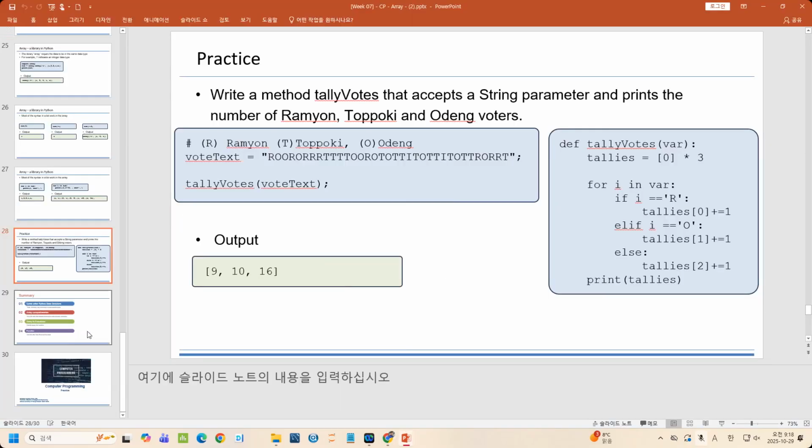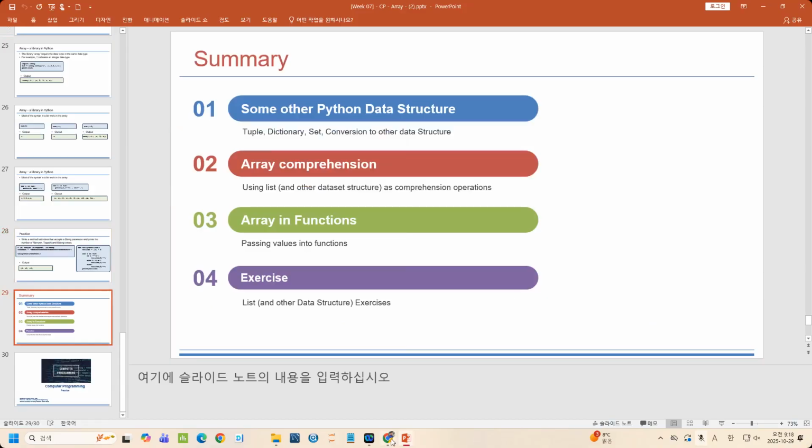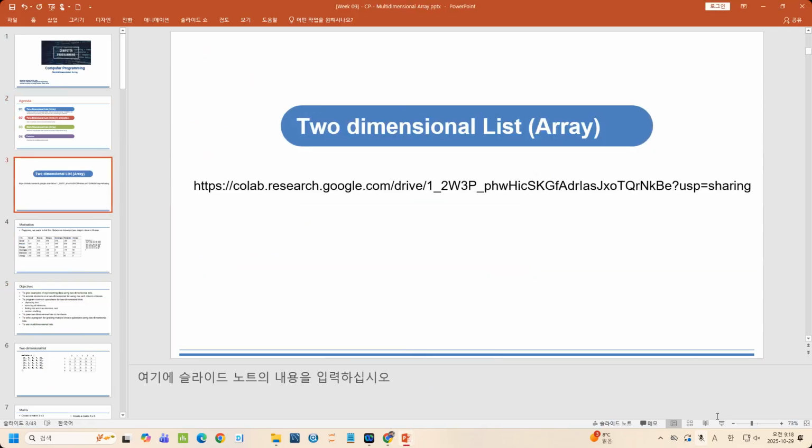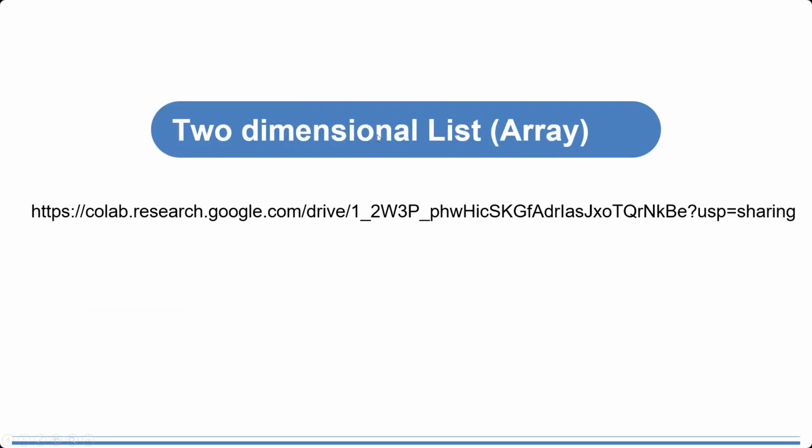Okay, let me get back to you with the multidimensional list. For the two-dimensional list, what we already learned in the previous chapter is the one-dimensional list.